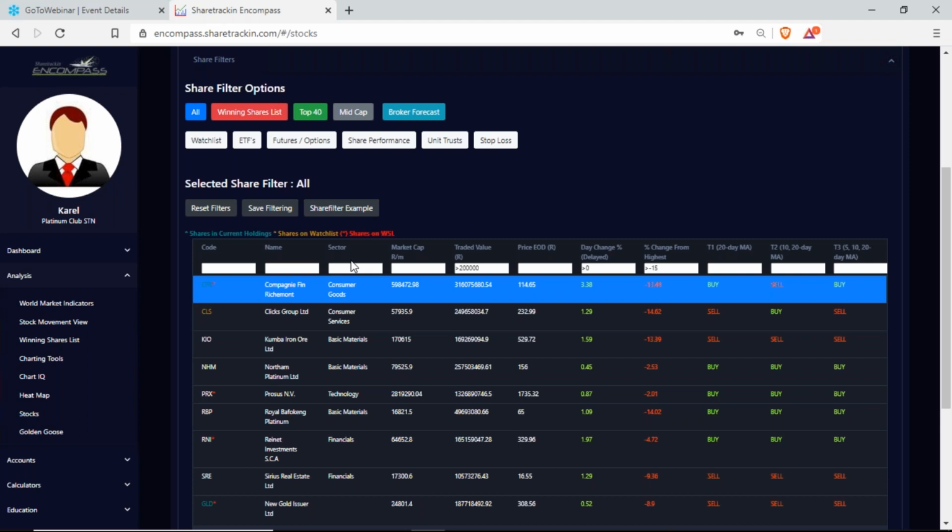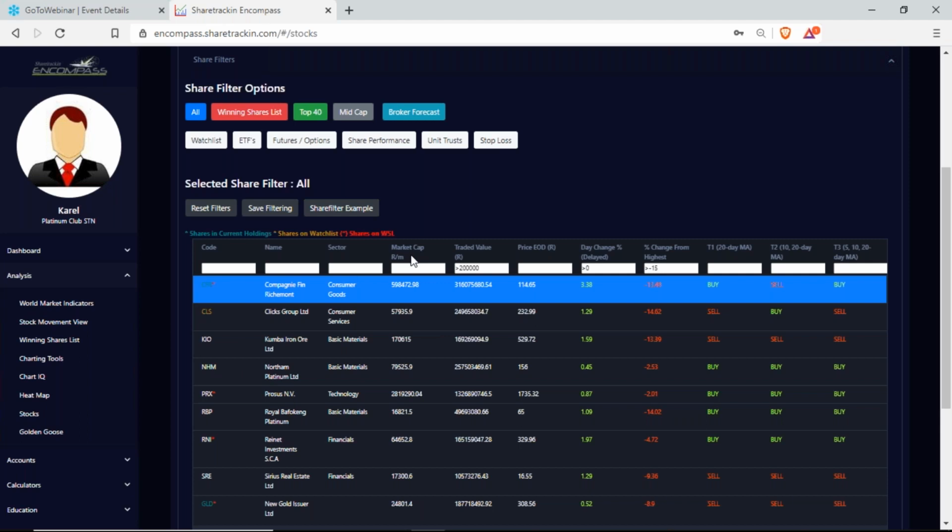Next, we have the sector. This tells us in which sector the share is. In other words, is it consumer goods, basic materials, technology, financials, consumer services, telecommunications? And then you can search that specific sector to see all the shares in that sector.